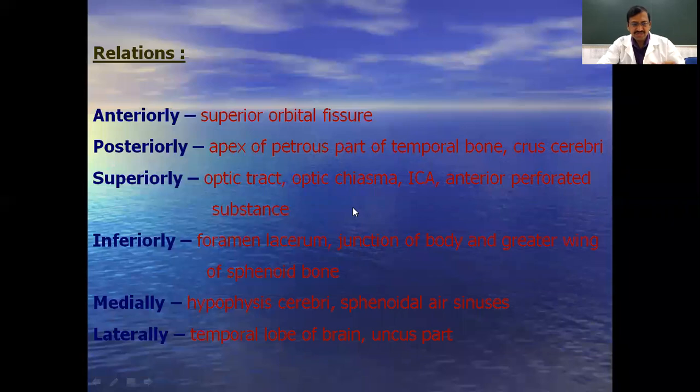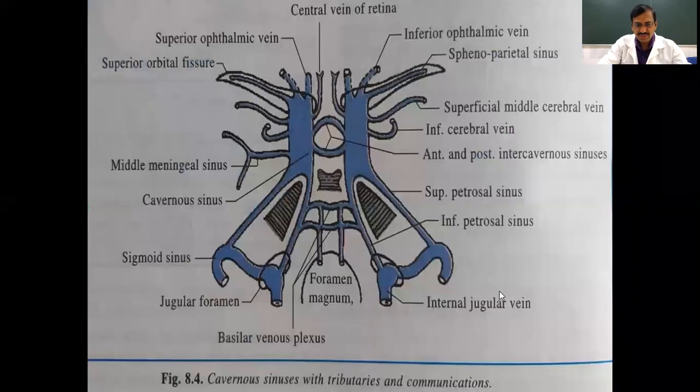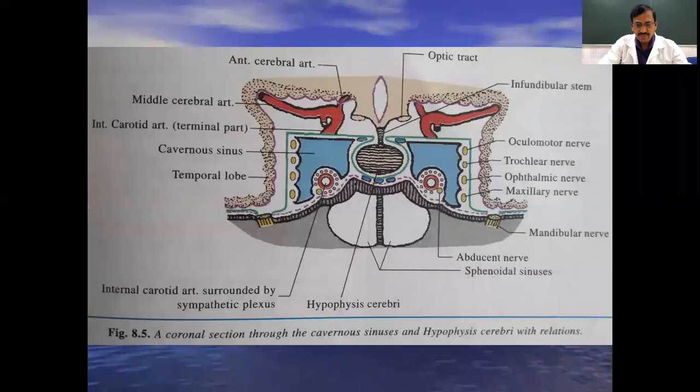Inferiorly, it is related to the foramen lacerum and the junction of the body and greater wing of the sphenoid bone. Medially, it is related to the hypophysis cerebri and the sphenoidal air sinuses. You can see here these are the relations.